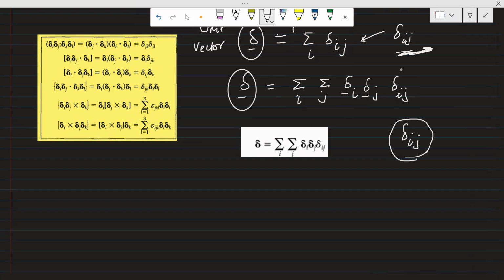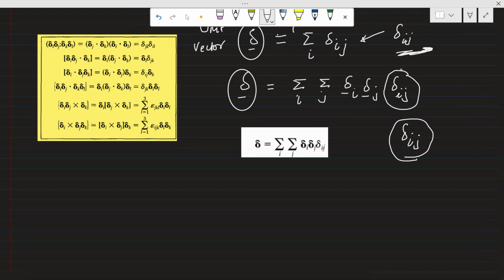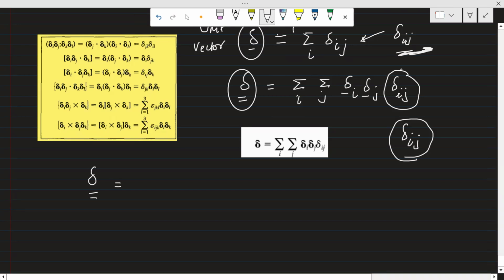These two components, you can see this. So this Kronecker delta is used in the components of a tensor. That means components of the tensor are given by the Kronecker delta. How do we write it? Now this is no longer a unit single line, but this should be a double line. So this is unit tensor.